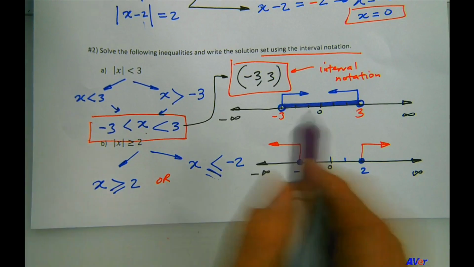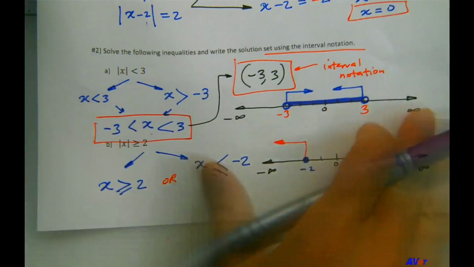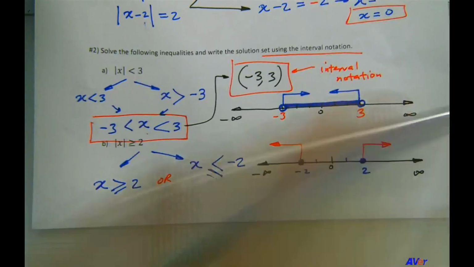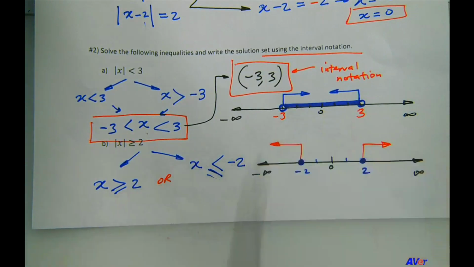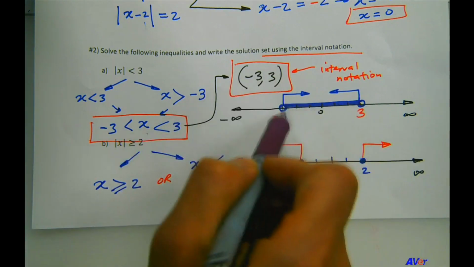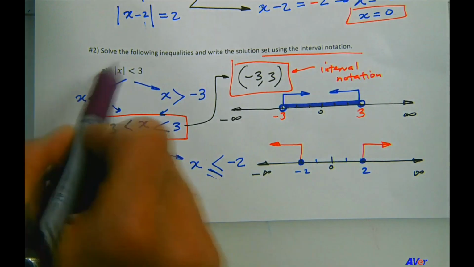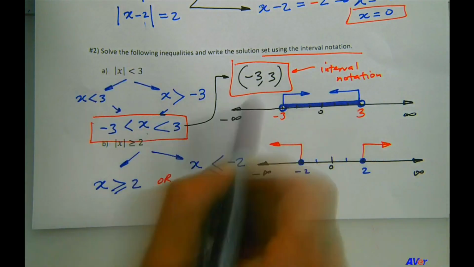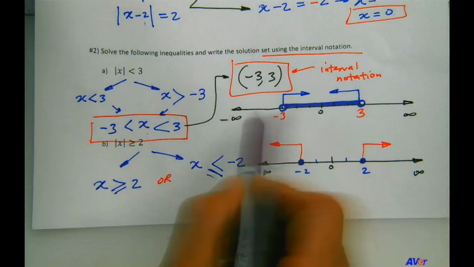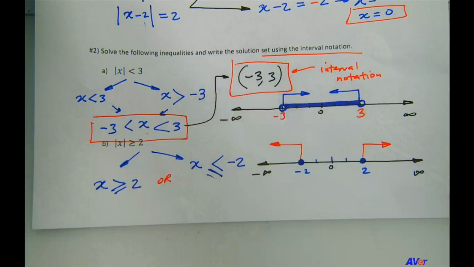Okay? So if the solutions overlap, like they did in part A, then the overlapping piece is the final solution. -3, 3 in numbers and graphically like that, and here's symbolically like that. Okay? Once again, in absolute value inequalities, if the individual solutions overlap, then the overlapping piece is the final solution.